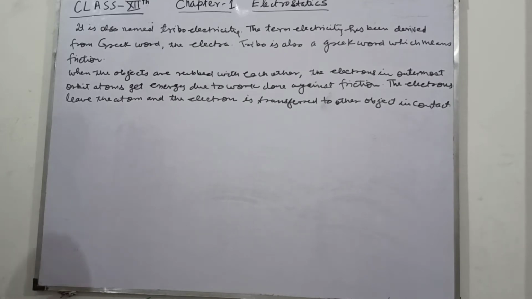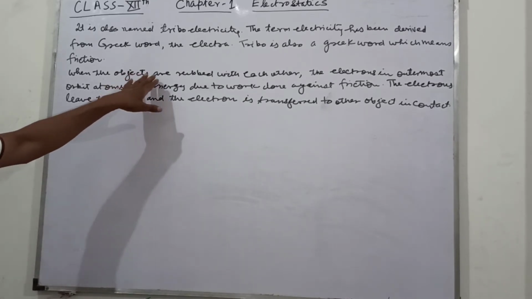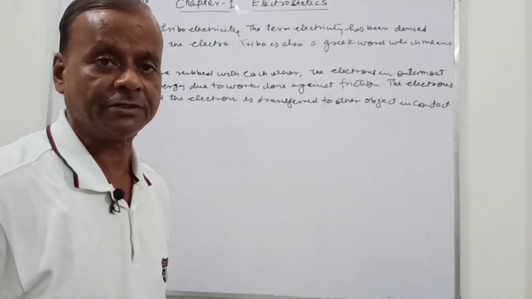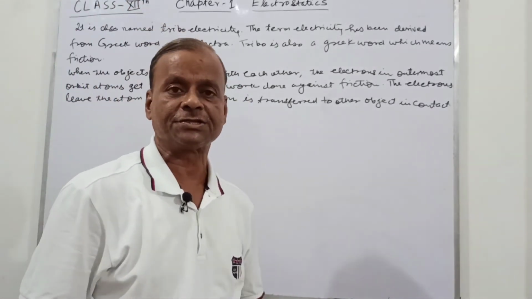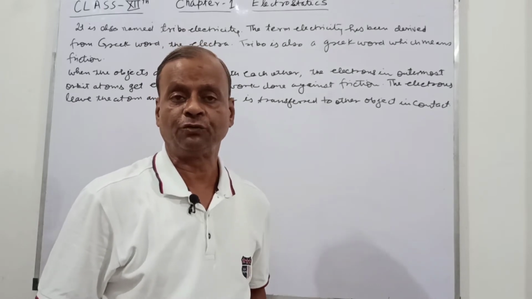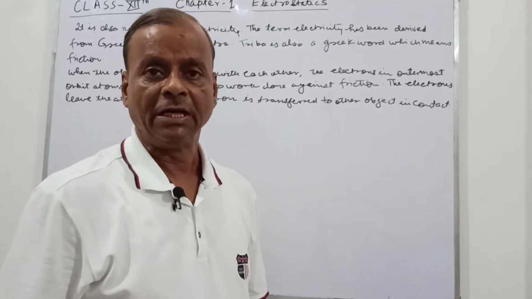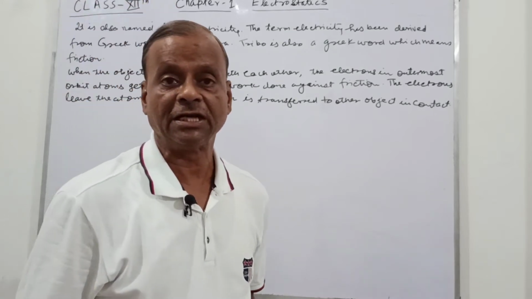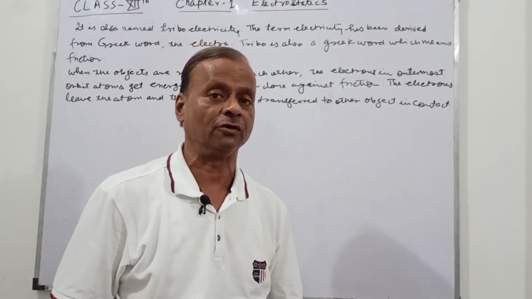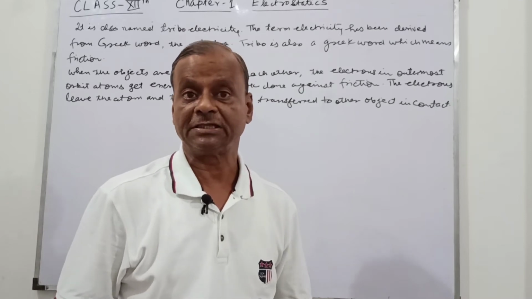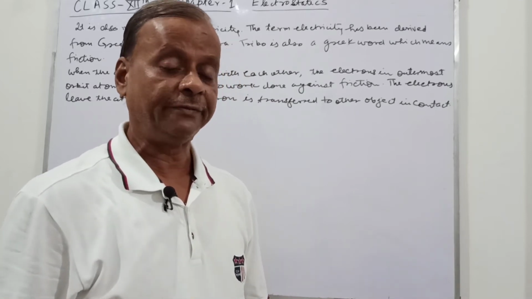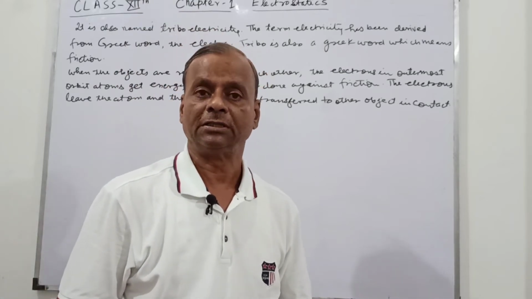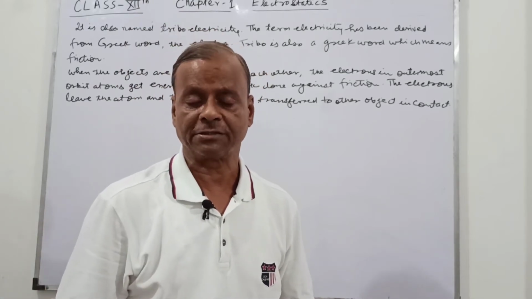So what is happening here is that when the objects are rubbed with each other, work is done against friction, and the energy due to friction is taken by the electrons, and the electrons become excited. These are the electrons in the outermost orbit of the atom, and they leave the atom and go to the other object which is in contact.